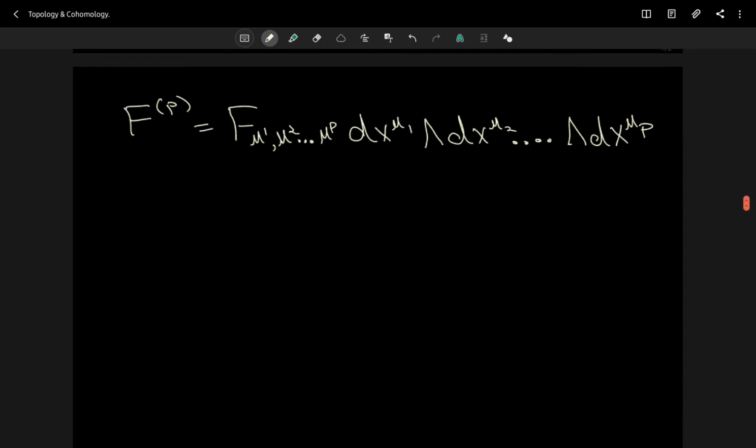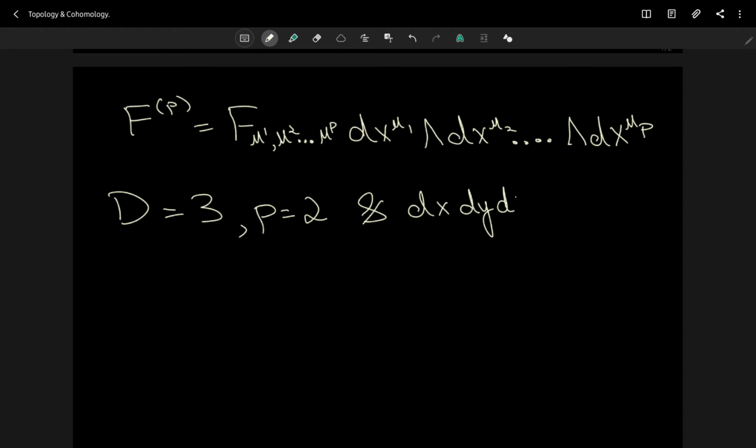So if we consider a case where, for example, d is equal to 3, so 3 dimensions, and the degree of the form is 2, right? We have the basis dx, dy, and dz in this case.